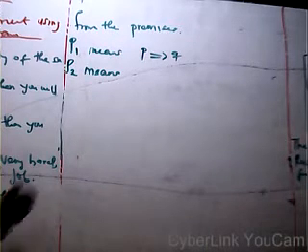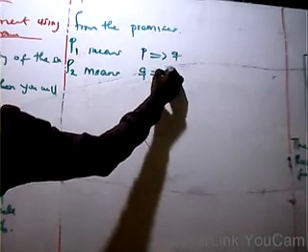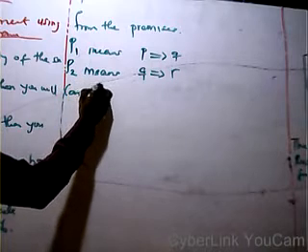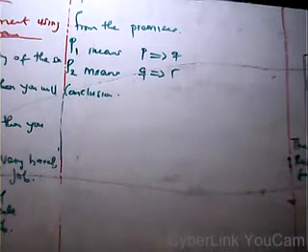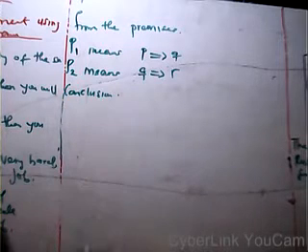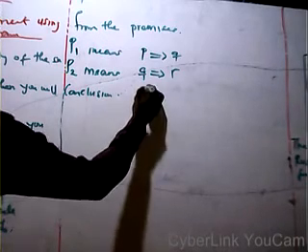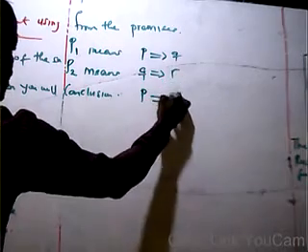So Q implies R. Then lastly, the conclusion is that if you study very hard, you will get a good job. Studying very hard is P, and getting a good job is R.